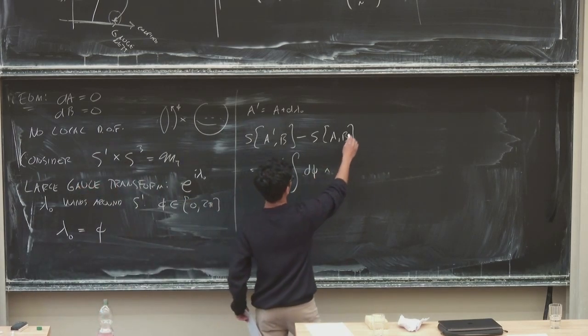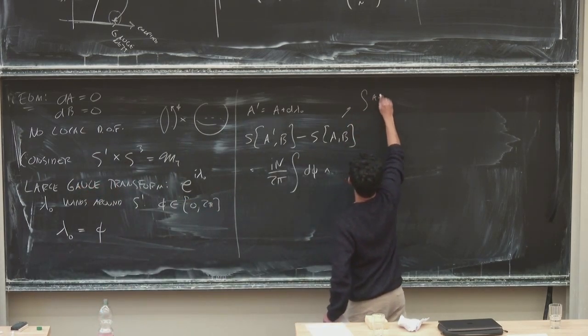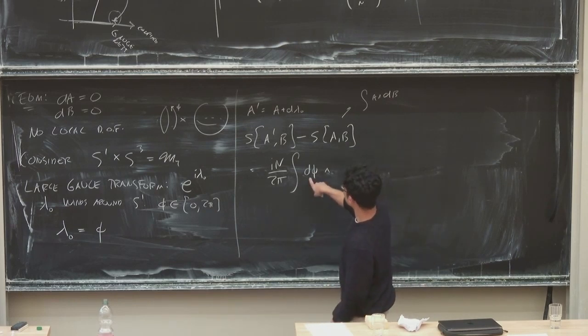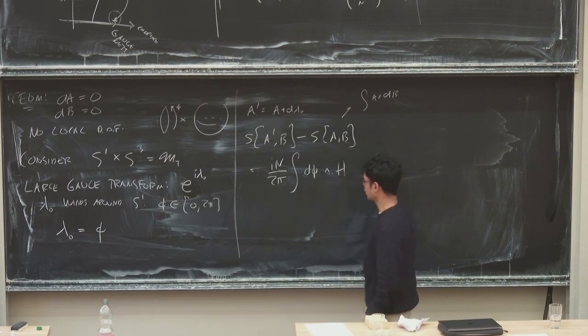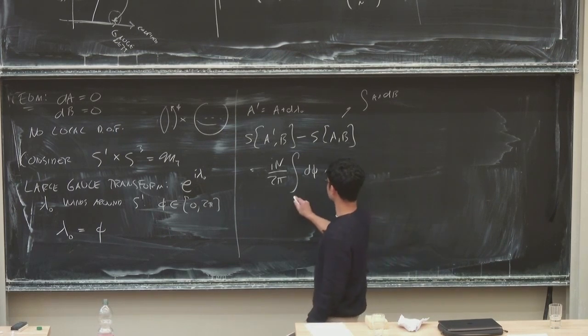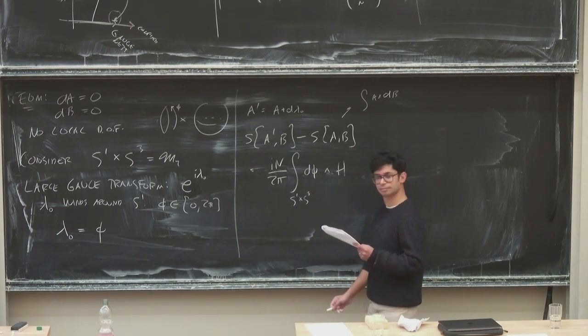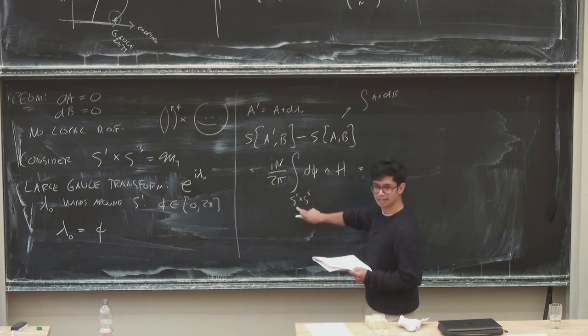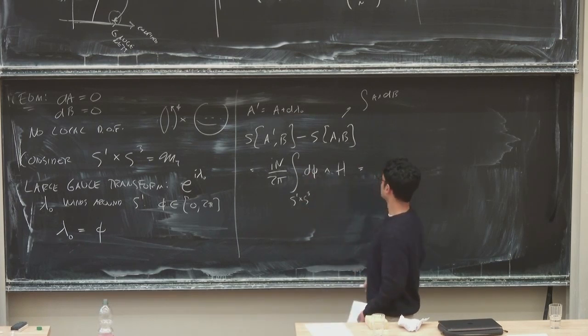So if I write this action as integral A wedge dB and not B wedge dA, then A changes as d phi, and dB is just h, this 3 form, okay? And I'm integrating this over S1 cross S3, okay? And now this only cares about the S1. Let me assume this only cares about the S3. That's an assumption, but let me just make it.